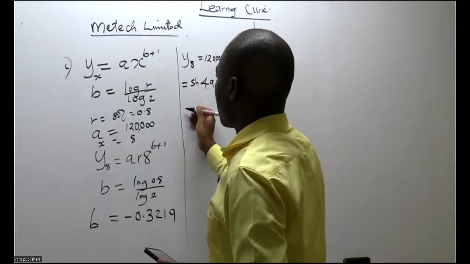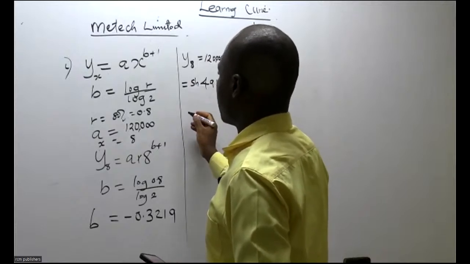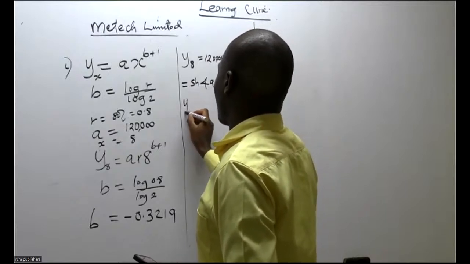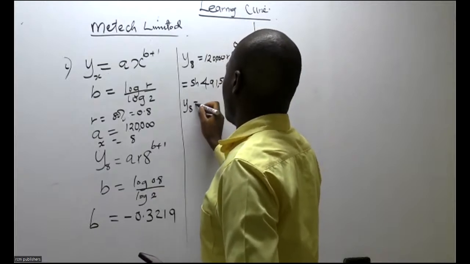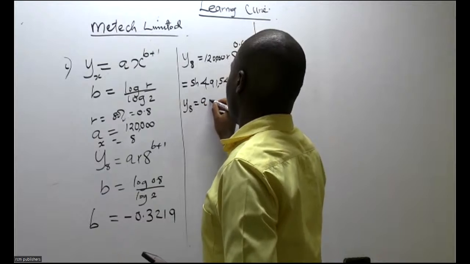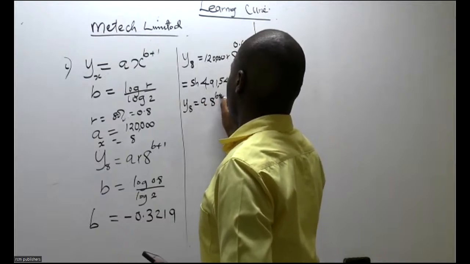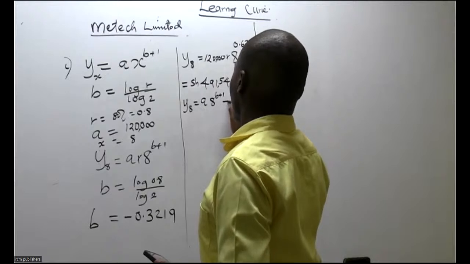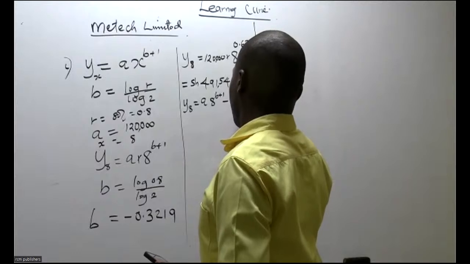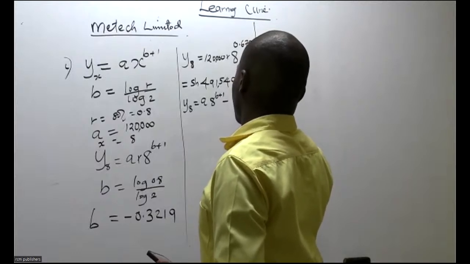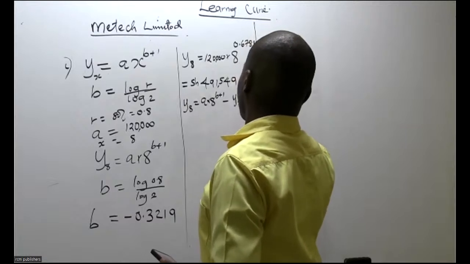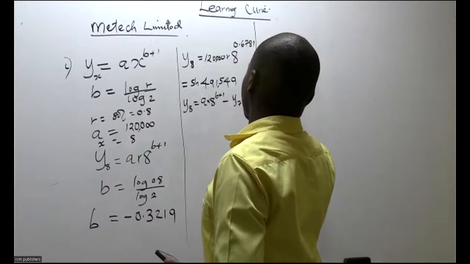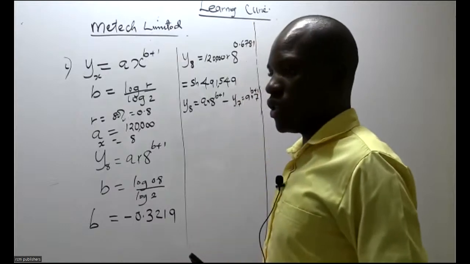For us to know the cost of producing the 8th batch, it will be y of the first 8 batches, which is equivalent to a times 8 raised to power b plus 1, less y at 7, which is equal to a times 7 raised to power b plus 1. That is what we need to have there.